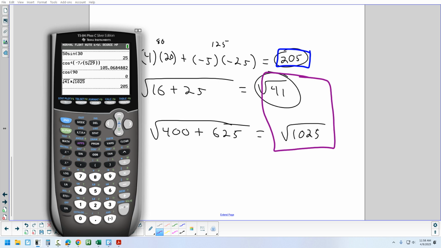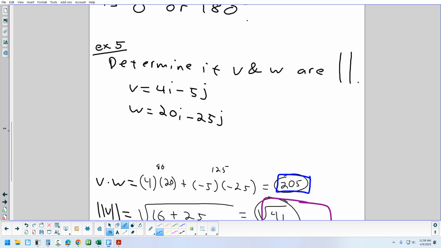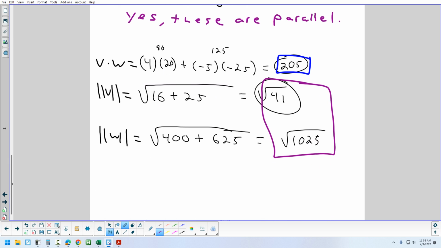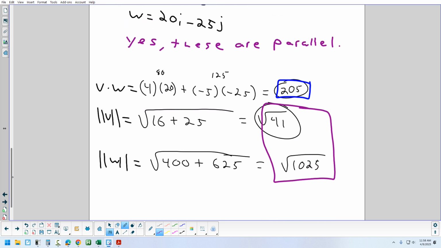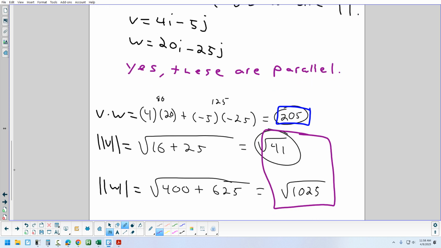So the answer to determine if they are parallel is yes. These are parallel. Are they parallel because the angle between them is 0 or because the angle between them is 180? It's 0, because it came out to 1 when you divide them.